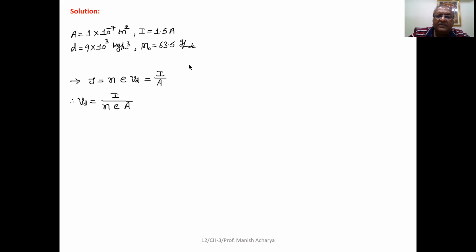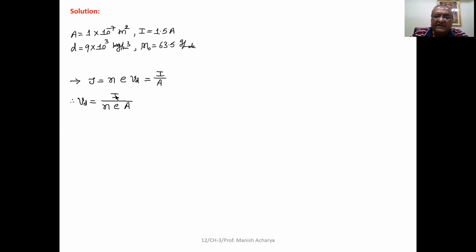Now we have the equation for drift velocity, J equal to nevd, but J is equal to I upon A. Now we want to find the drift velocity, so make vd the subject of the equation.